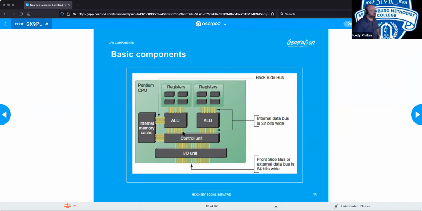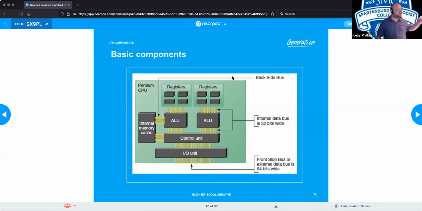You have the control unit. That is essentially like your traffic cop that's saying who goes where and who's handling what. You have the registers, which are small holding areas on the processor chip. They hold on to instructions and addresses the ALU is currently processing. So it holds on to things for a little bit while the ALU is trying to process it.